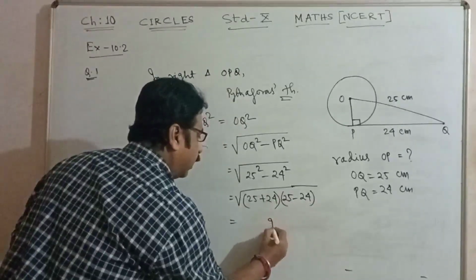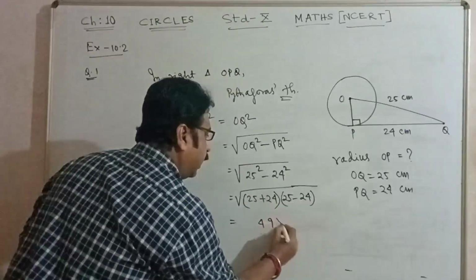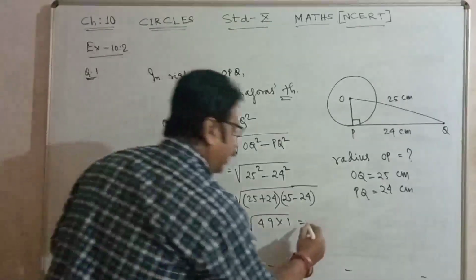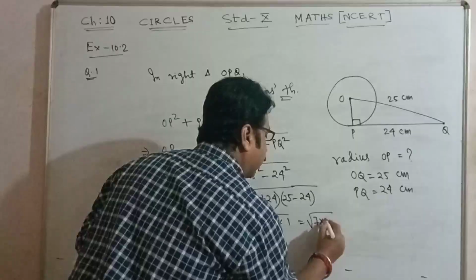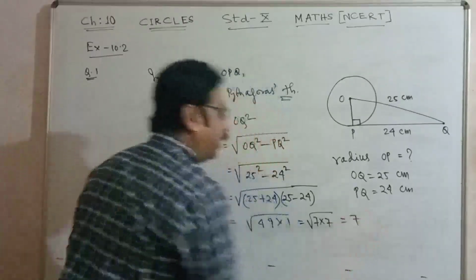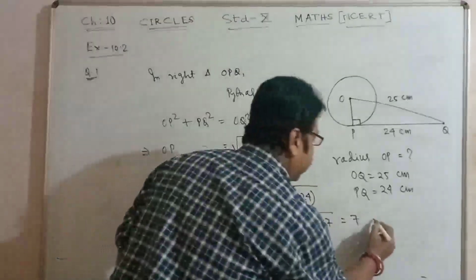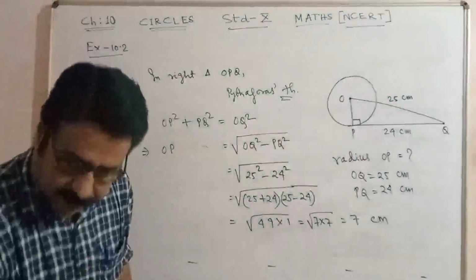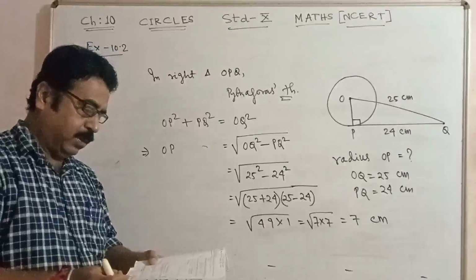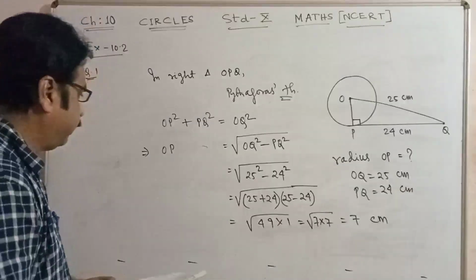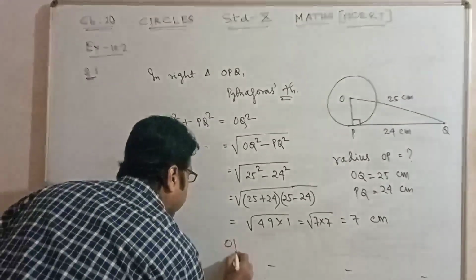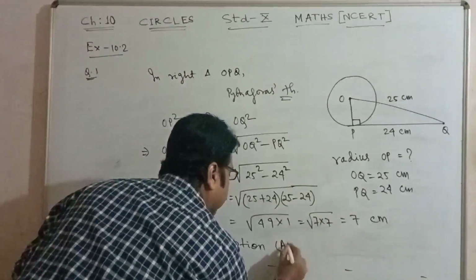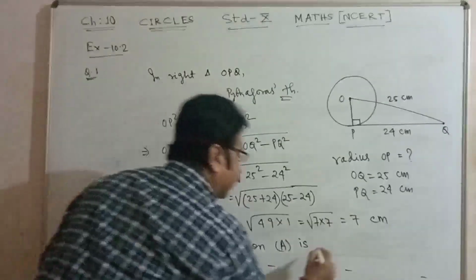5 plus 4 is 9, 2 plus 2 is 4, into 1. That means 49, which is 7 into 7, so it will be 7 centimeters. So OP we got 7 centimeters. Option A is correct.